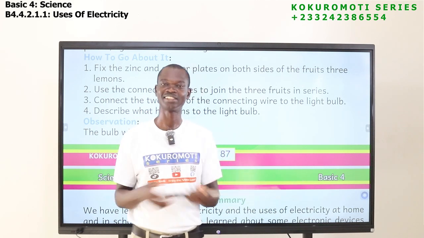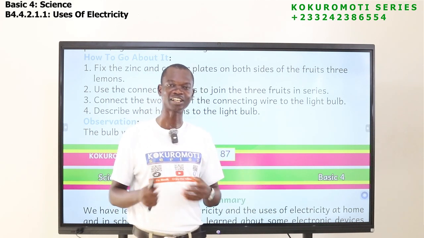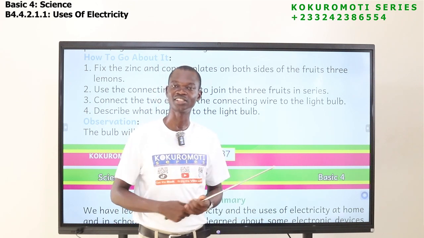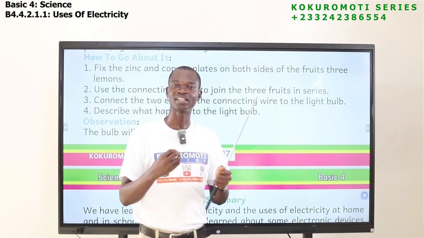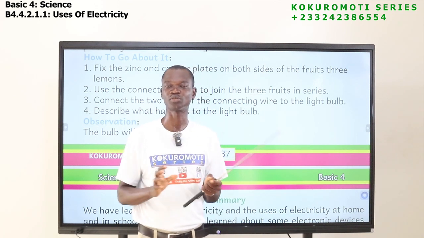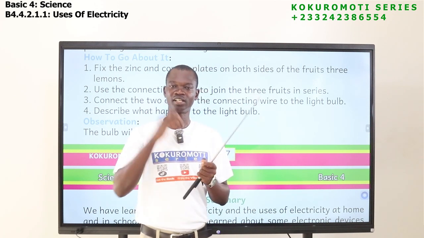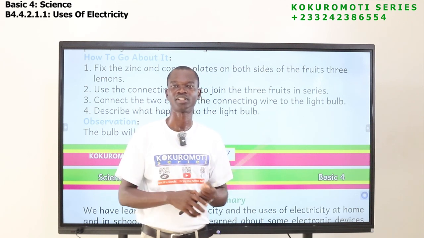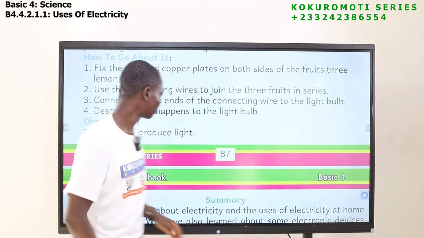Sometimes we play with it. The orange that we don't eat, we throw away. And then this orange, this lemon, they are able to produce light if you use it well. So we are going to look at how electricity can be generated from lemon. Let's look at the video.